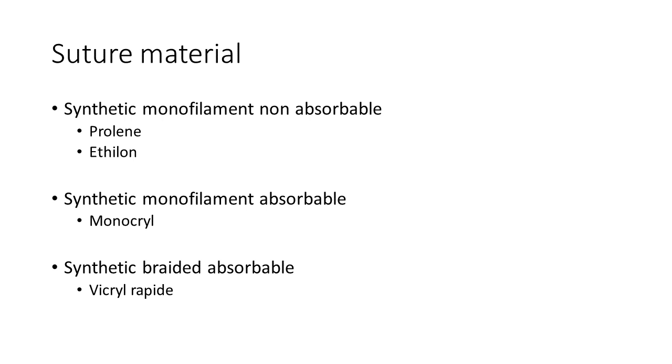Occasionally we may wish to put in an absorbable suture, and the synthetic monofilament absorbable which is available is Monocryl. This will be degraded by the body and generally fall out after about 10 days.